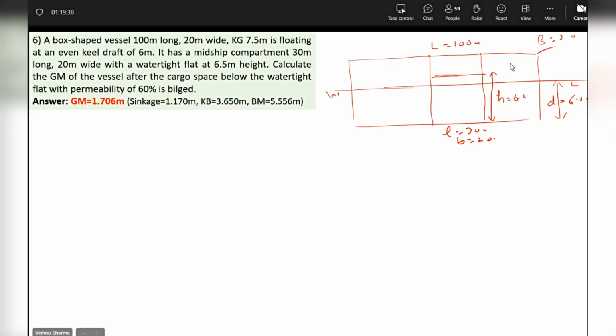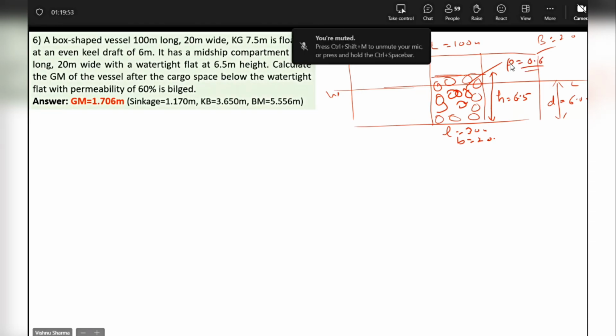H is equal to 6.5. This compartment has some solid content, cargo or whatever, of permeability 60%, 0.6. Okay, this is the diagram.